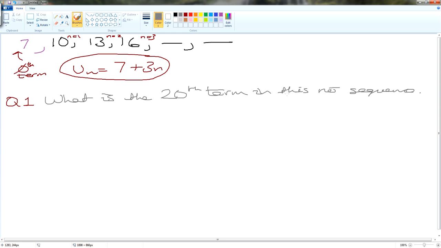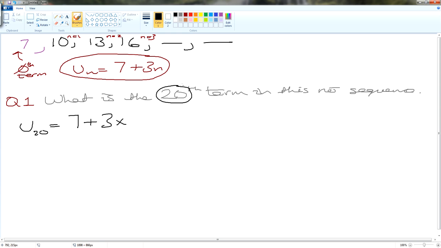Okay, so what is the 20th term? So what does that mean? That means that we are looking at our formula. You have U20, the 20th term. So we always start with 7 and we add 3 times by the term number.